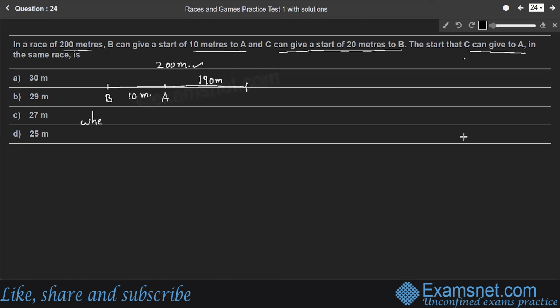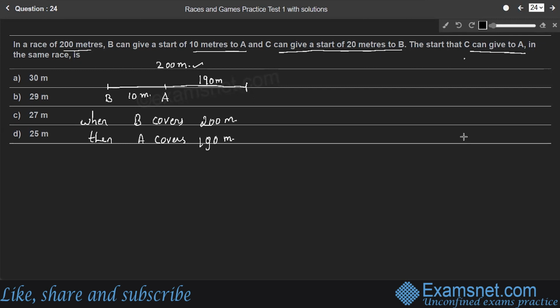So when B covers 200 meters, A covers 190 meters. That means a start has been given to A. So a start of 10 meters has been given to A, right?